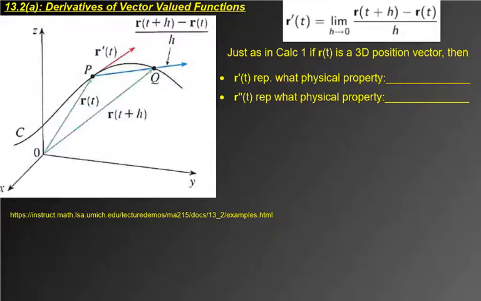So if you just do the vector subtraction here, r of t plus h, so t plus h, the idea is this is h units down the curve, we're going to be at a different vector here, right? And then if you subtract r of t, which is this one, then you should actually get this secant vector, right?